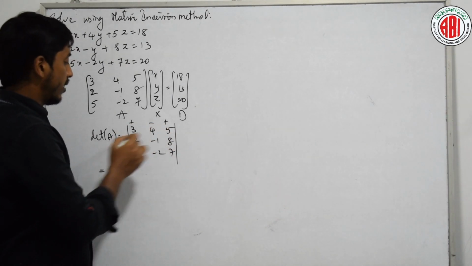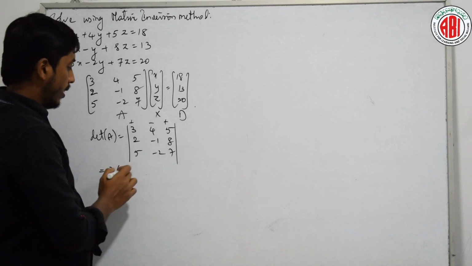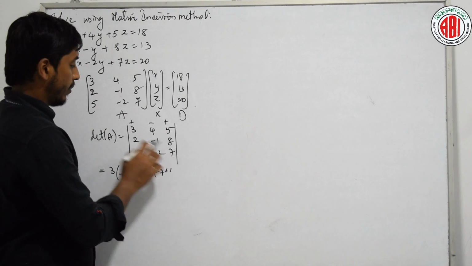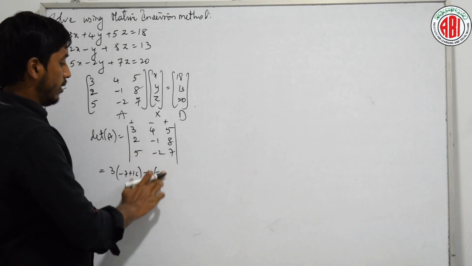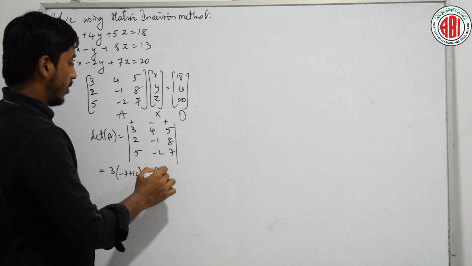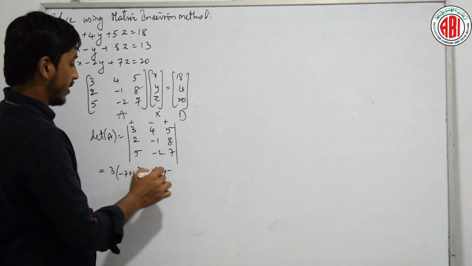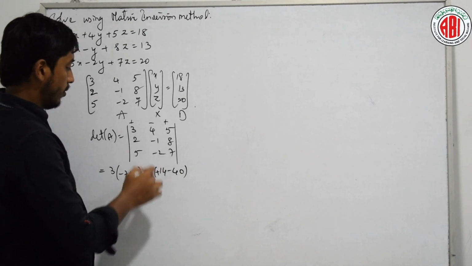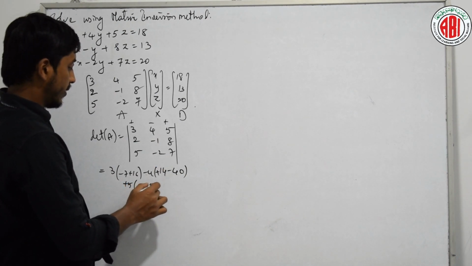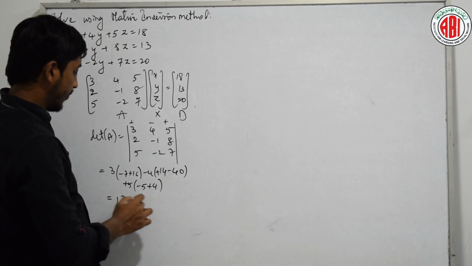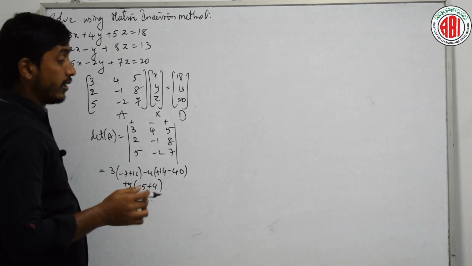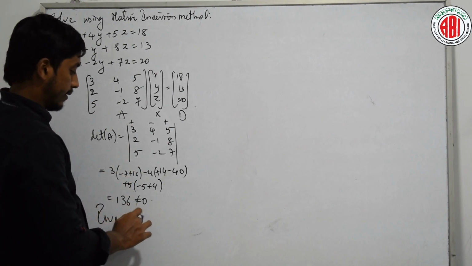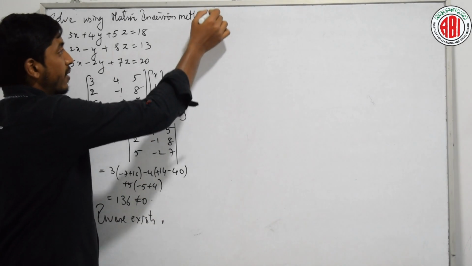How do we solve this? 3 into minus 7 plus 16, minus 4 into minus 14 minus 40, plus 5 into minus 4 plus 5. If I solve this, I will get 136, which is not equal to 0. Therefore, the inverse exists.